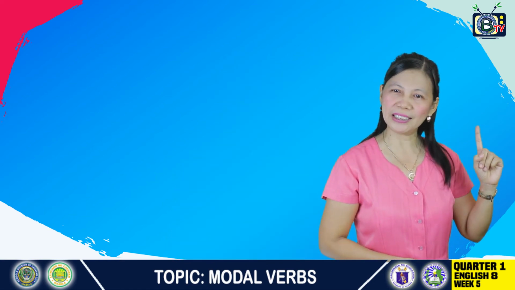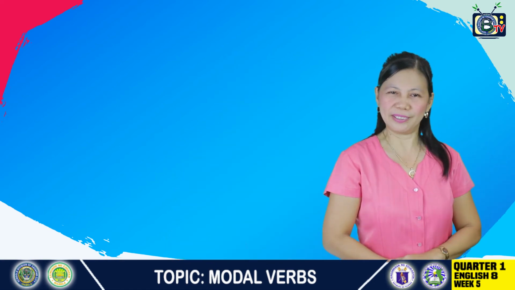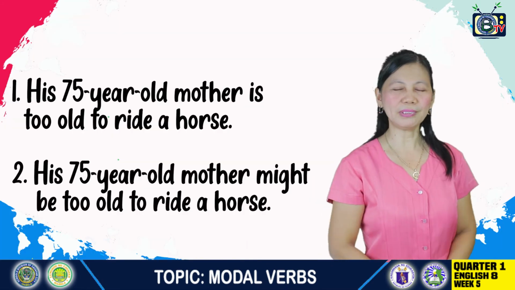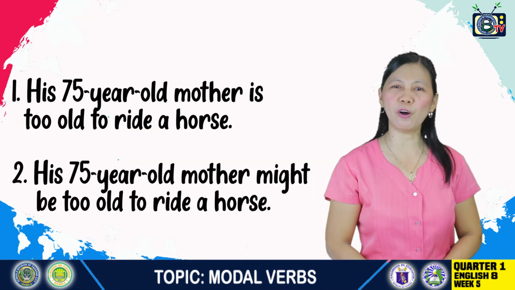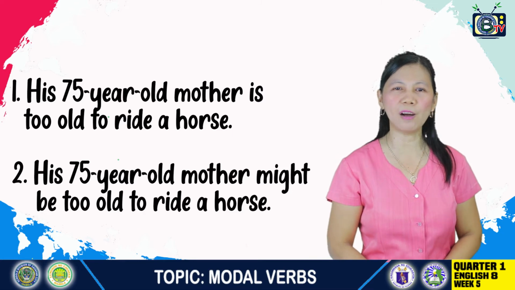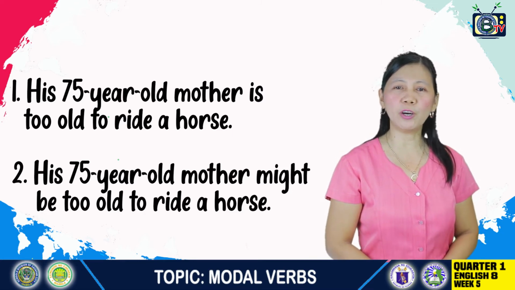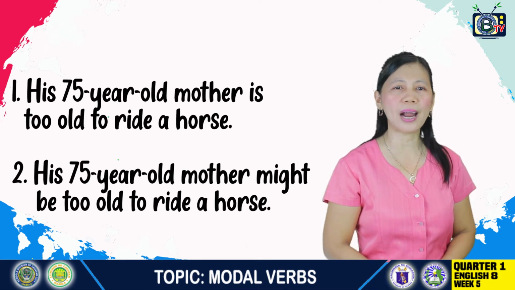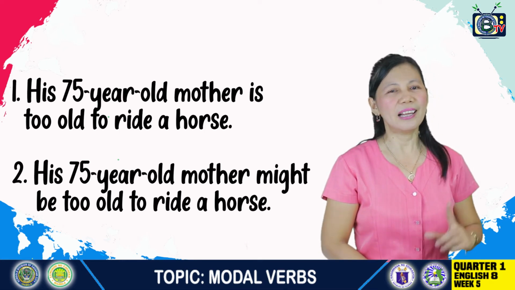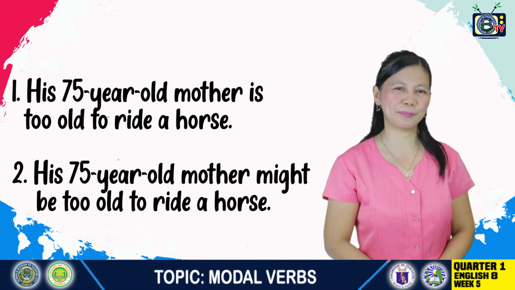Read and examine the sentences below. Number 1 sentence. His 75-year-old mother is too old to ride a horse. Again, his 75-year-old mother is too old to ride a horse. Number 2 sentence.